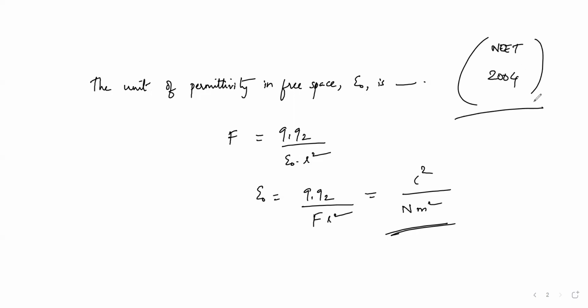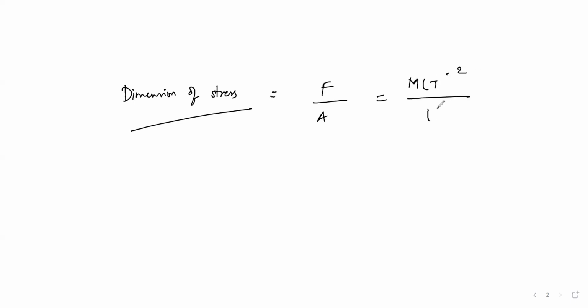Next question. Dimension of stress. What is stress? Force per unit area. Force is MLT power minus 2 by area is L square. So that is ML inverse T power minus 2. Right?